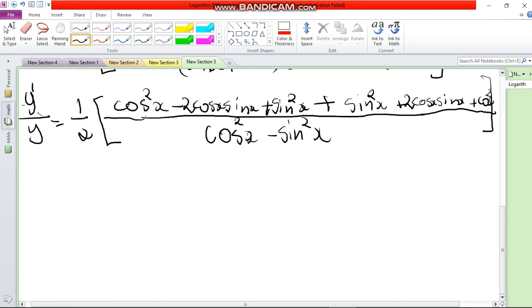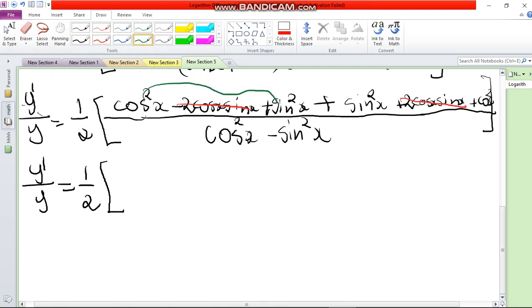Now let's continue. On the right hand side, I still have my y prime over y, which is equals to 1 over 2 into, if you look carefully on the numerator, this term will cancel with this term, and then this term will form 1. This is 1. Cos squared plus sin squared is 1. This term and this term will also form 1.